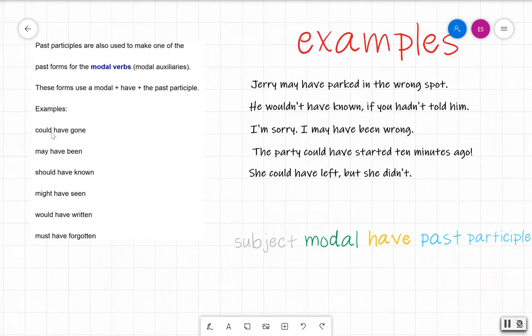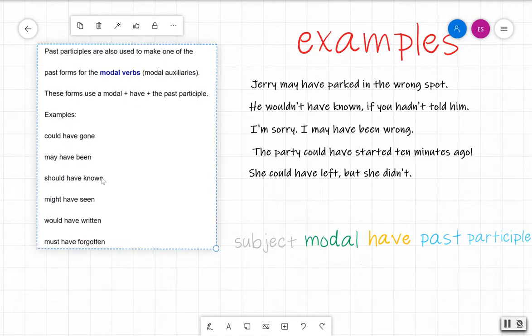So here's an example: could have gone, or may have been, or should have known. The knowing is the verb, have is just kind of helping out, and should is the modal, and should is just letting us know, it's modifying, it's changing what we mean by known. It's not that I knew, it's that I should have known.